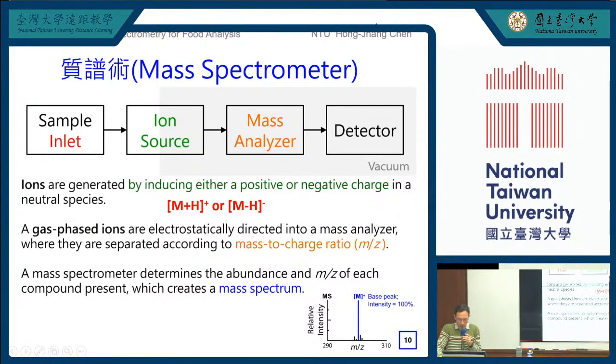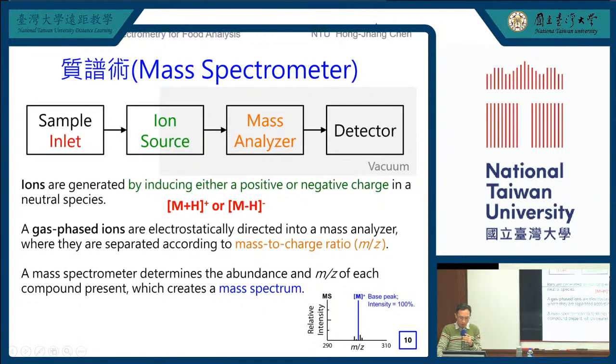So MS is only used to detect the ion information generated from ionization and detected by the mass analyzer. Frankly speaking, MS is an electronic weighing balance to measure the weight of the molecule, but the m over z is not equal to the molecular weight. That's because of the charge. Okay, I just mentioned that.